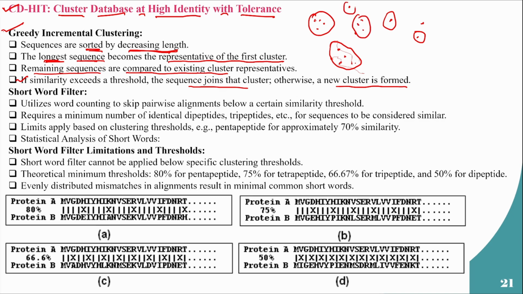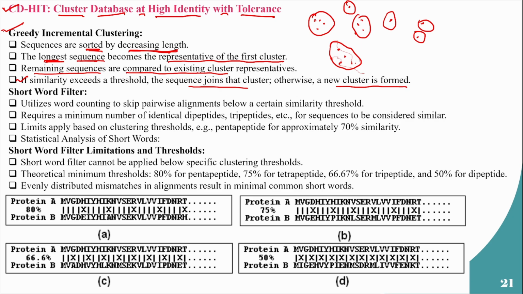There is one, there is one, there is one, and so on. So if you consider each of these single circles here as a cluster, then you will see the dotted data points or the sequences will be representatives of that cluster, which will be derived in this sequential way. So first the longest sequence, and then after that comparison of the other sequences with this longest sequence to find out whether they should be considered a new cluster or a component of the already existing cluster.